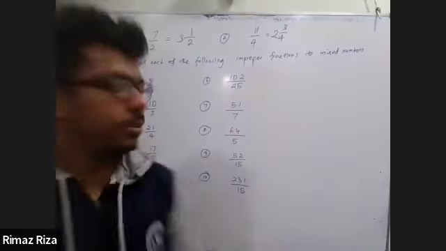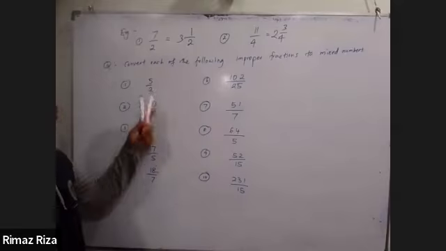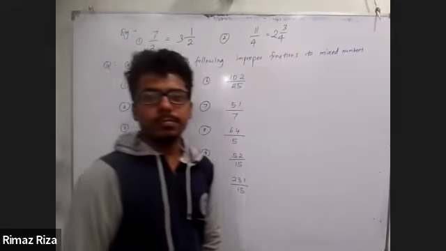All right, so let's start. The first one, 5 over 2. What's the answer?